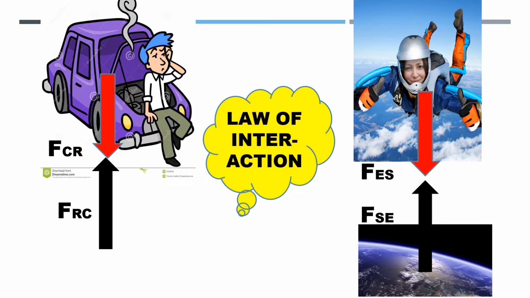And it doesn't matter if the body is not moving. It may be at rest, in motion with constant velocity, or if the body is accelerating, the law of interaction, or the action-reaction pair forces, are always present.